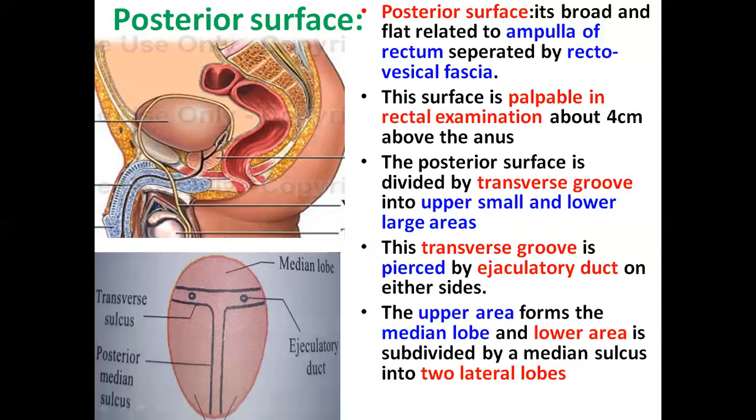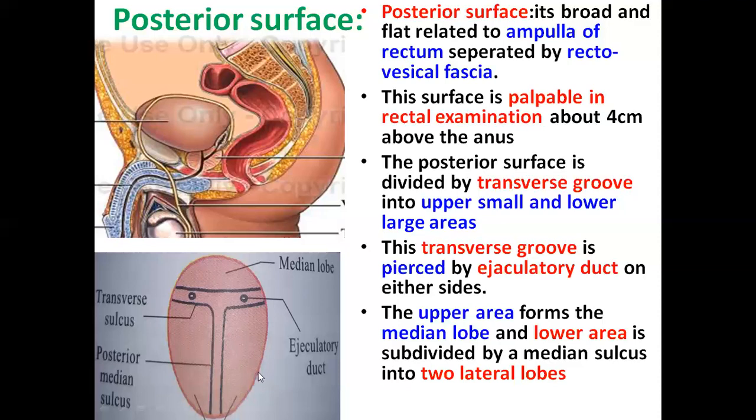Okay, now if you consider this transverse sulcus as a landmark, the area above forms the median lobe and the lower area is subdivided by the posterior median sulcus into two lateral lobes. That means, as the picture shows here, this is the median lobe and of course these two are lateral lobes. We are going to elaborate the lobes more as we proceed.